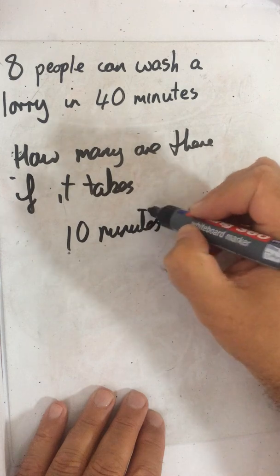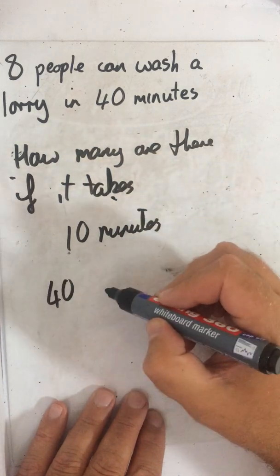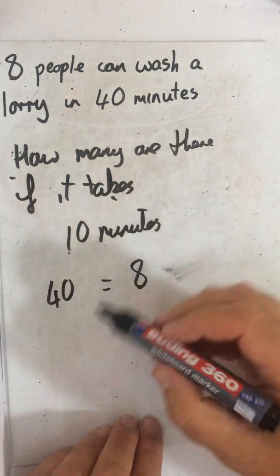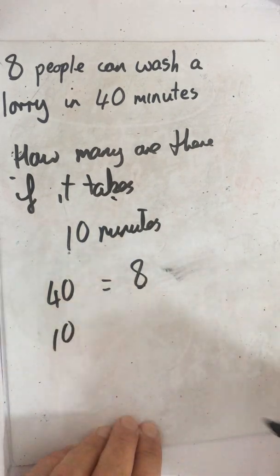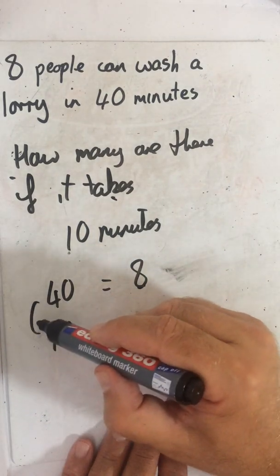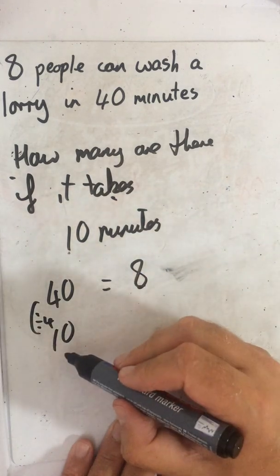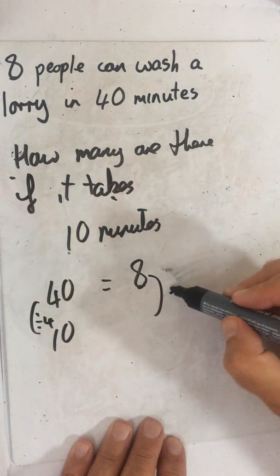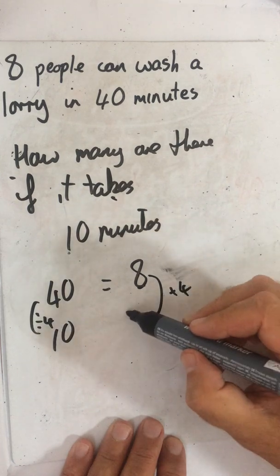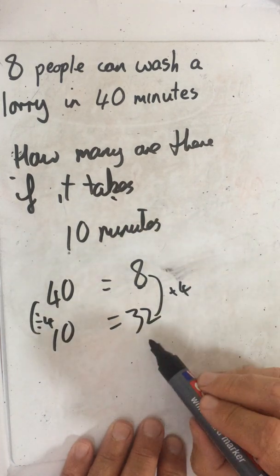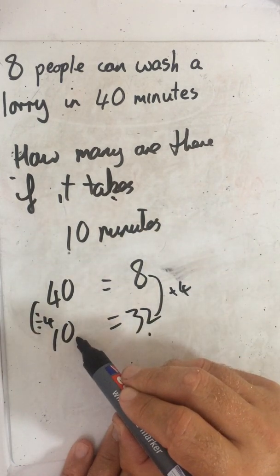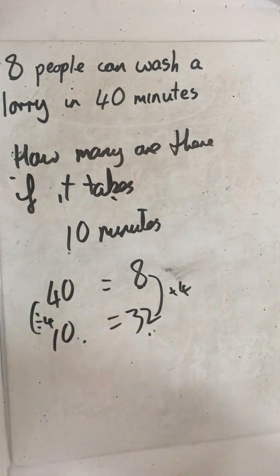We're just going to swap that around. 40 minutes is equal to 8 people, so 10 minutes. Although I'm dividing here by 4, because obviously it's doing it in a much shorter time, it must be more people. So I'm going to times that by 4. So 32 people could do it in 10 minutes, if it's in proportion.